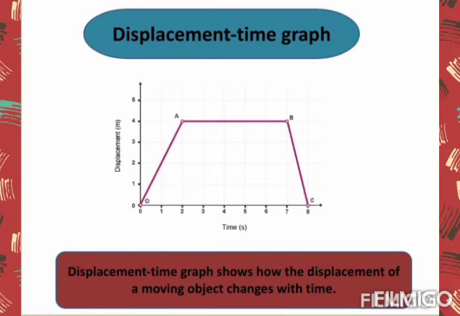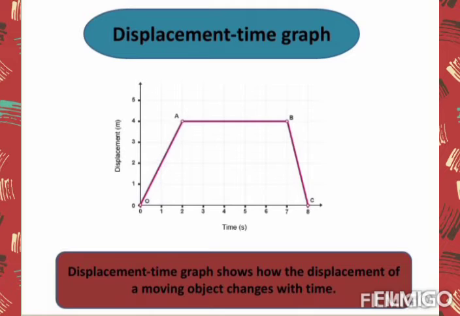Okay, students, here is the graph that is called the displacement-time graph. It means there are two quantities between which the graph is plotted. The first one is displacement and the other one is time. Now we have to draw a graph and decide which quantity is the independent quantity and which one is the dependent quantity. Here is time.